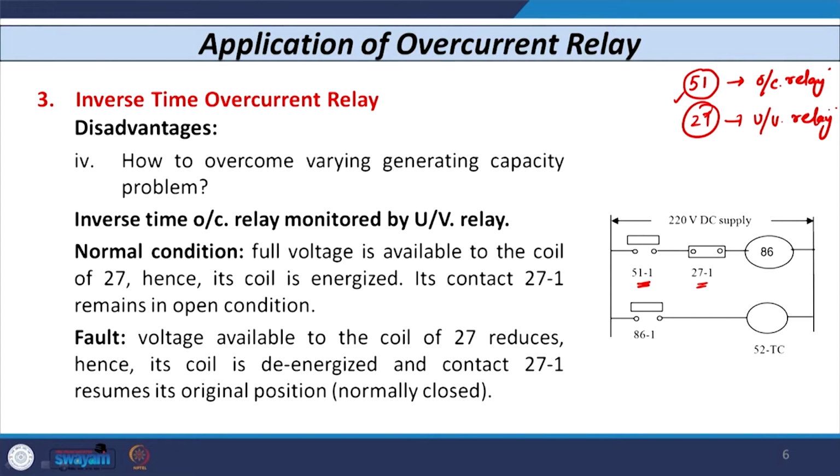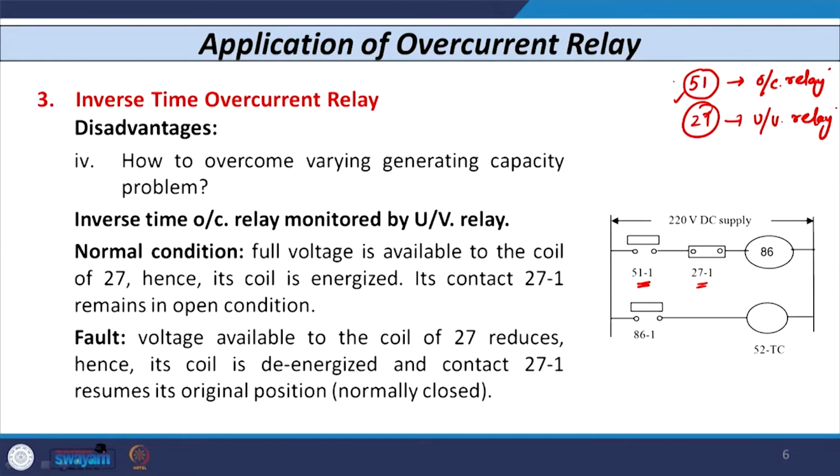It is a normally closed contact. When full voltage is available to the coil of 27, the coil is energized and the contact of this relay 27 remains in open condition. So, even though we set the relay based on minimum fault current, when there is no fault during normal condition and it takes full load current, even though 51 closes, there is no tripping of the circuit because 27 is in open condition.